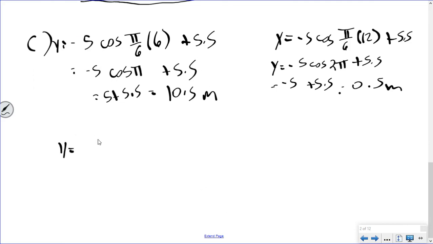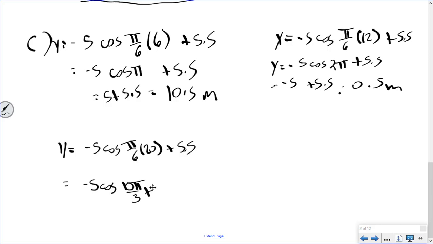So we get y equals -5 cosine of pi over 6 times 20 plus 5.5, which is -5 cos 20 pi over 6, which is 10 pi over 3, plus 5.5.